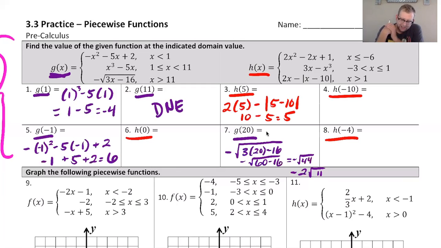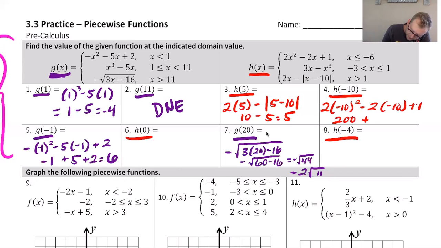All right, h of negative 10. So negative 10 is definitely less than or equal to negative 6. So I'm going to plug it into this first one, the 2x squared function. So 2 times negative 10 all squared minus 2 times negative 10 plus 1. So this is 200 plus 20 plus 1.